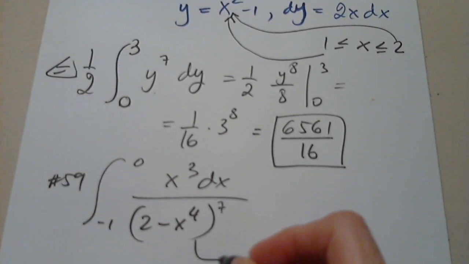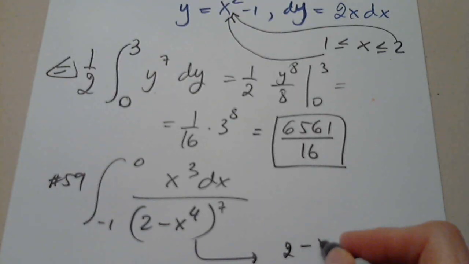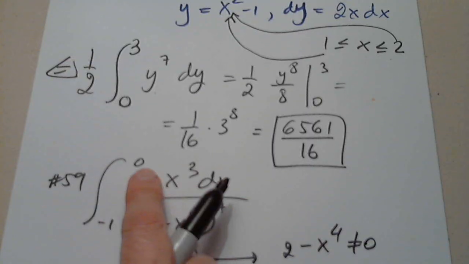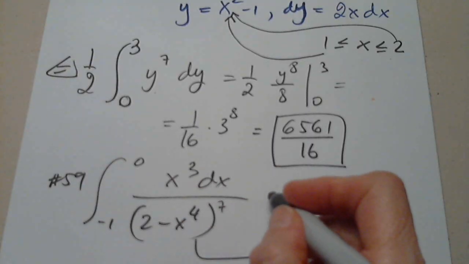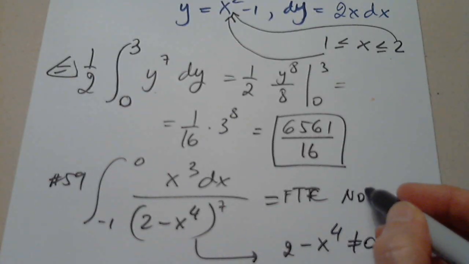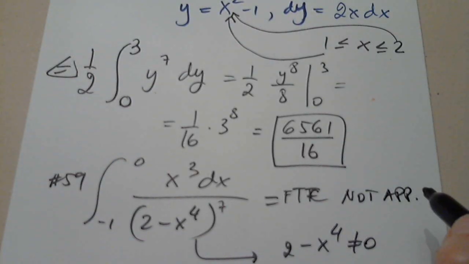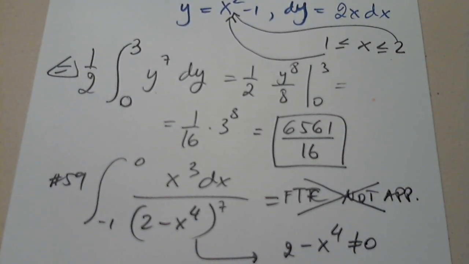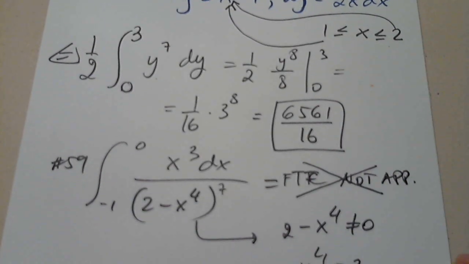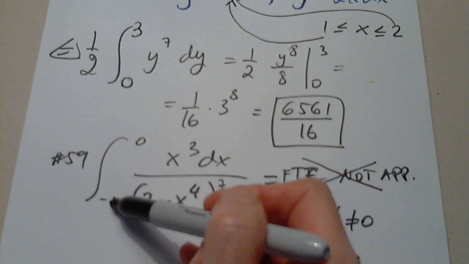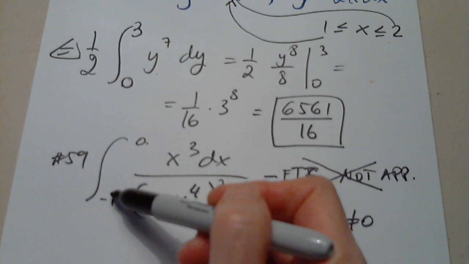So my first concern is that 2 minus x to the fourth cannot be 0. If it is 0 between -1 and 0, then I will say FTC not applicable. But it's not the case, because x to the fourth equals 2 will have a positive solution, but this is the interval between -1 and 0.